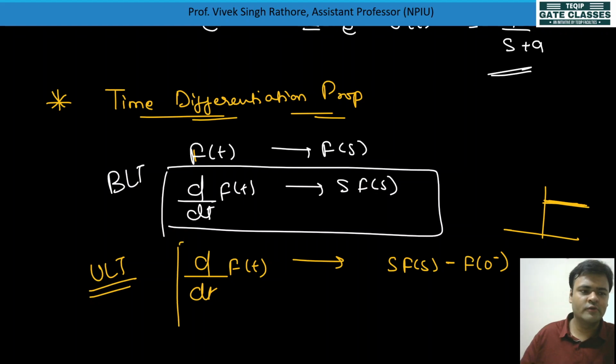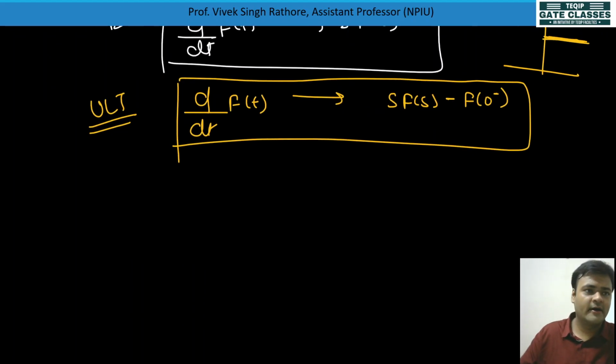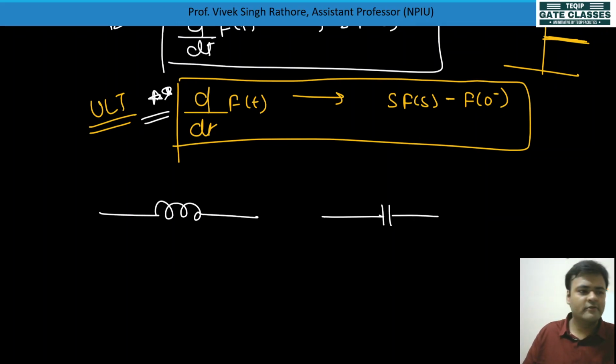You need to understand this, because we can see it in control systems also. Many times this usage will come, like when you see an inductor and a capacitor. Inductor stores energy in the form of magnetic field, and capacitor stores energy in the form of electric field. For a capacitor, I is equal to C dv by dt.